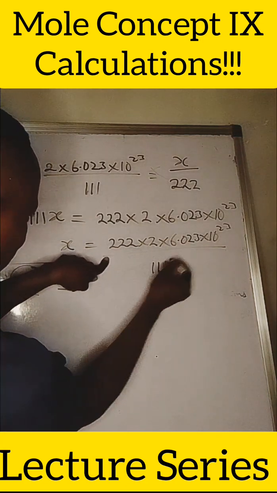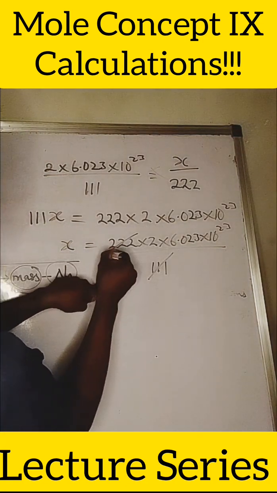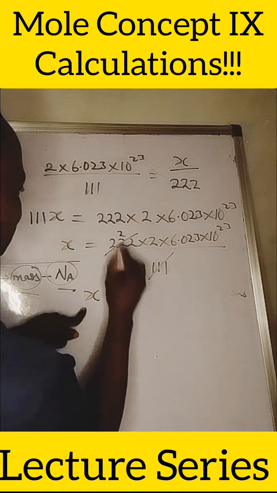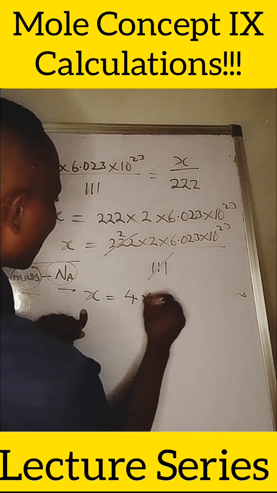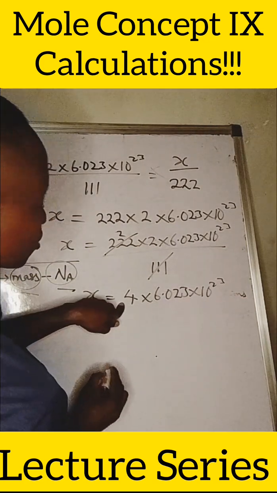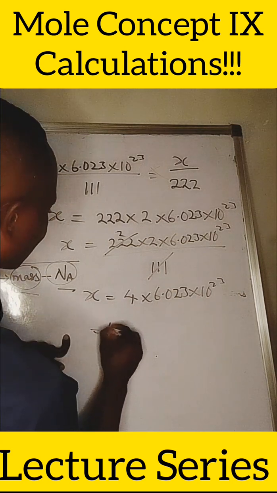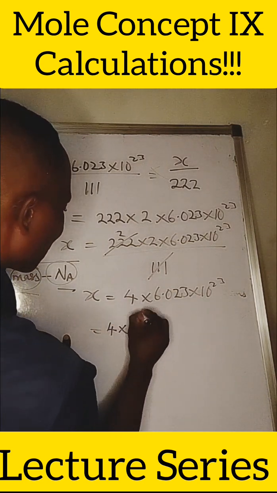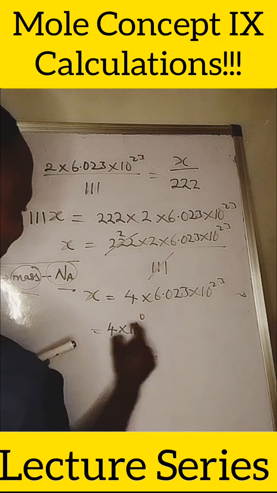Now check these 2 numbers. 111 divides 222, we have 2. So x will give us 2 times 2, 4, 4 times 6.023 times 10 raised to the power 23. Send 4 to standard form, and you get 4 times 10 raised to the power 0. 10 raised to the power 0 is 1. 1 times 4, the same 4.